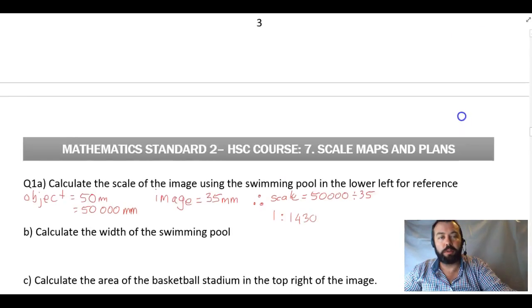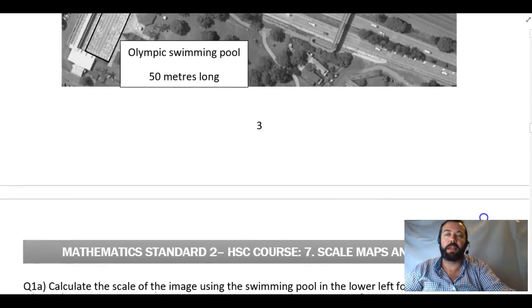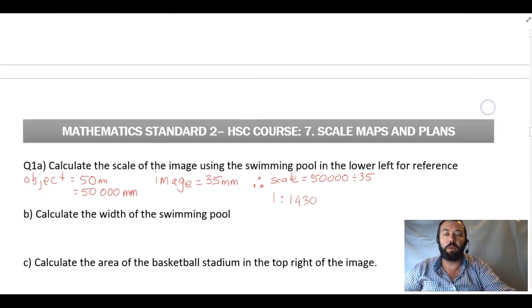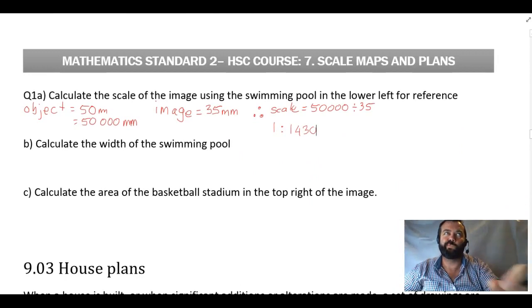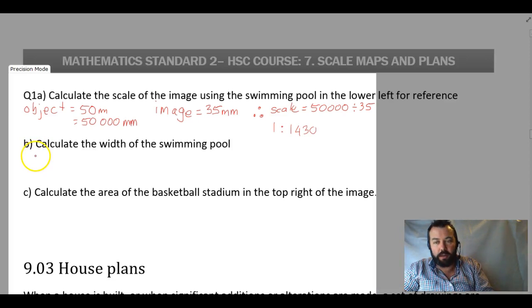Now, the width of the swimming pool. I need to pull out my ruler again and measure the width of that. I'm going to say when I measured that, I got a width of, let's say, 15 millimeters. You can measure it yourself and you might get something different, and that's fine as long as you use the same process. So once again, my image equals 15 millimeters.